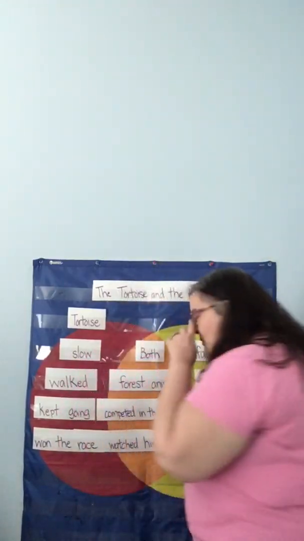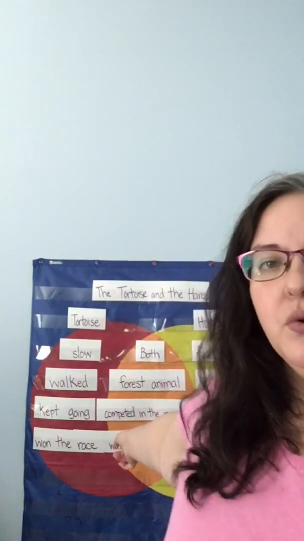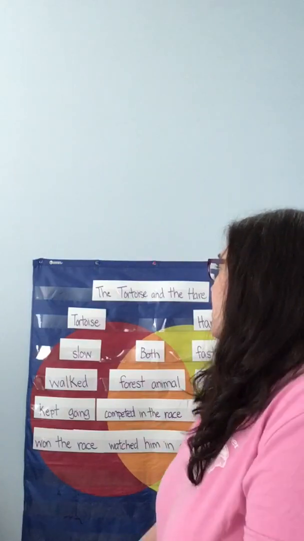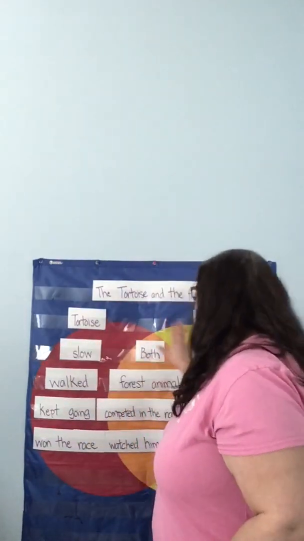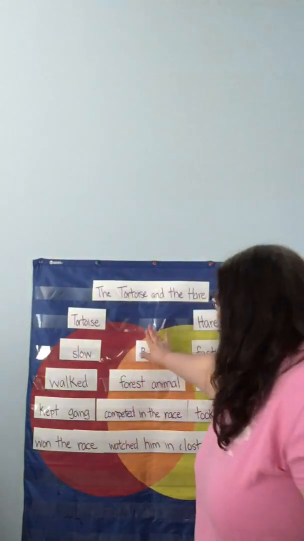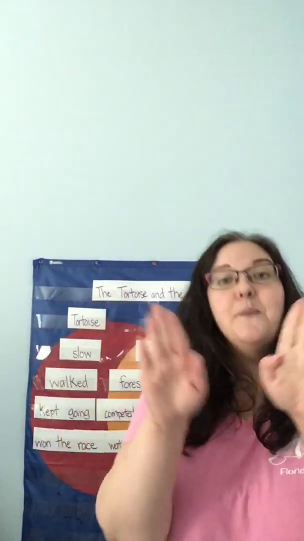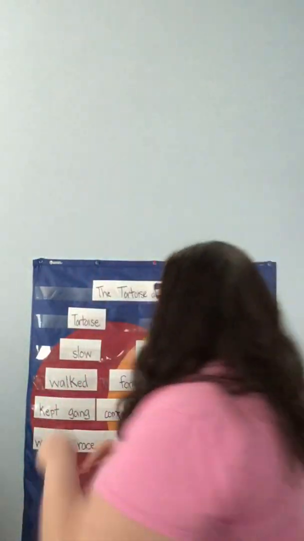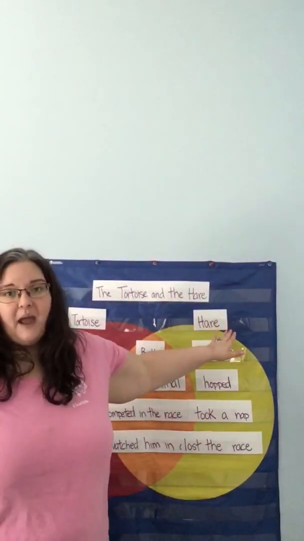Now we're going to review what we put in our chart. If it's on the red or yellow, that tells me how the characters are different, not the same. If it's in the middle, that tells me how both of the characters are the same. So how is Tortoise different from Hare?